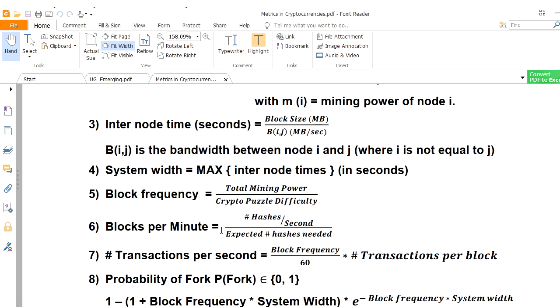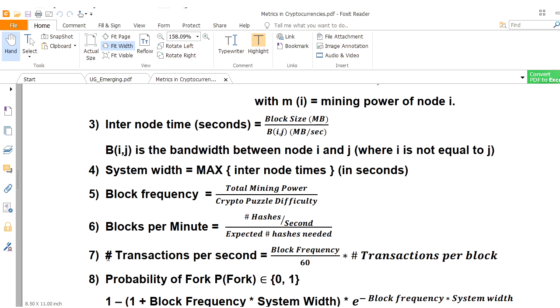Blocks per minute is equal to the number of hashes per second divided by the expected number of hashes needed. That means with the hardware you have, the number of hashes it will generate, divided by the expected number of hashes required to reach that particular target.